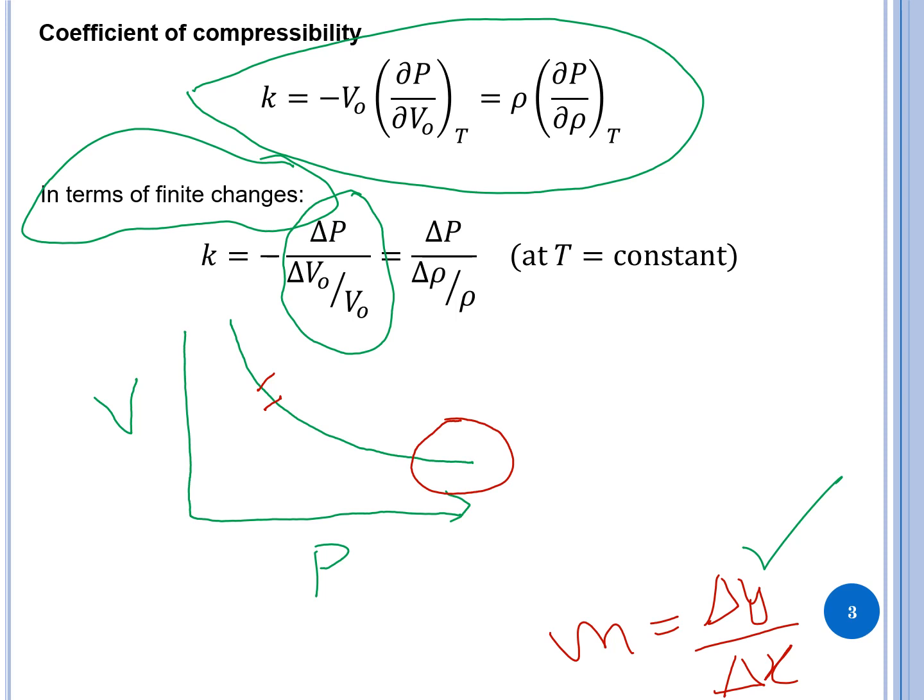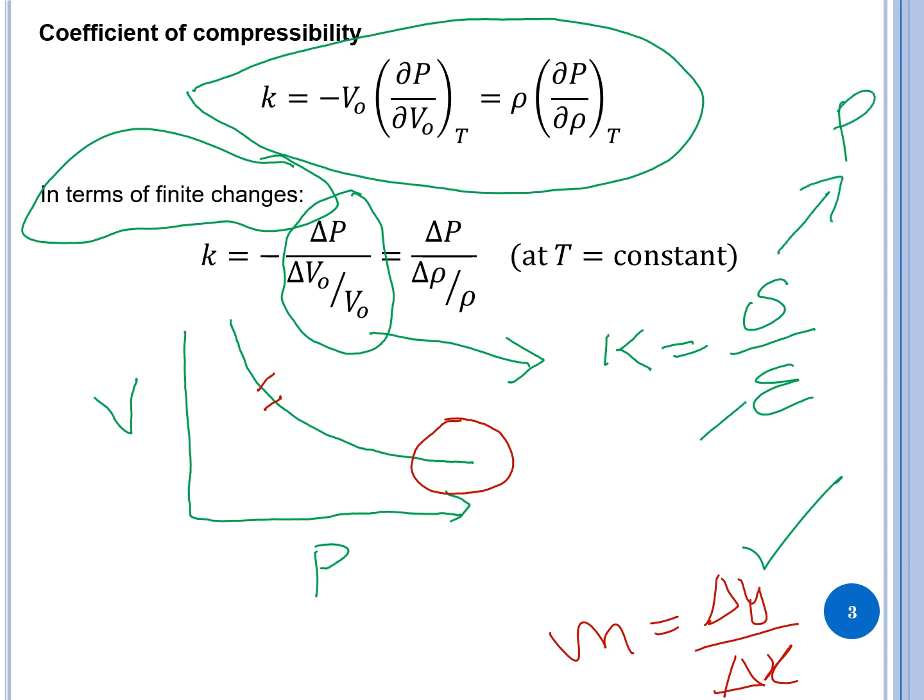Now if you look at this expression, it is quite similar to Hooke's law that we have studied, where the bulk modulus of elasticity was basically stress over strain. And I told you at that time that stress is pressure and strain is change in volume per original volume.